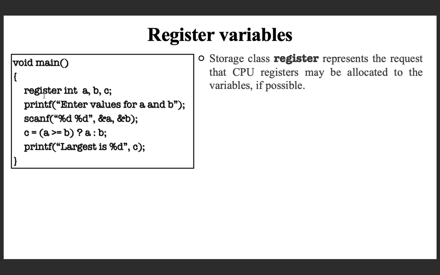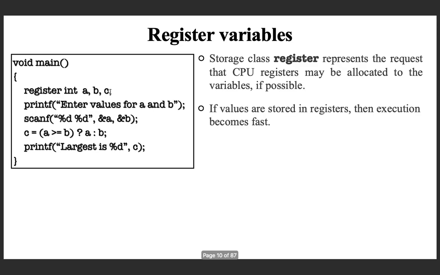The storage class register represents the request that CPU registers may be allocated to the variables if possible. So we are requesting by this storage class specifier to the system or computer to provide us microprocessor or CPU registers for storing the values of a, b and c.